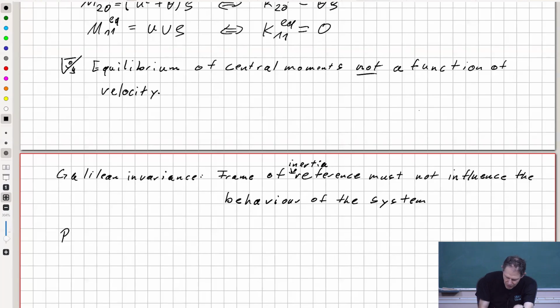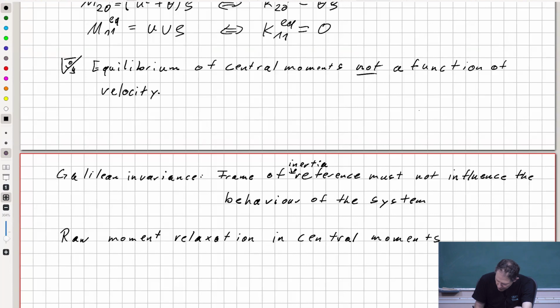So let's have a look first at raw moments. We relax raw moments and see what this means for central moments. And we start with the second moment. These are the ones that we are actually interested in the most, right?